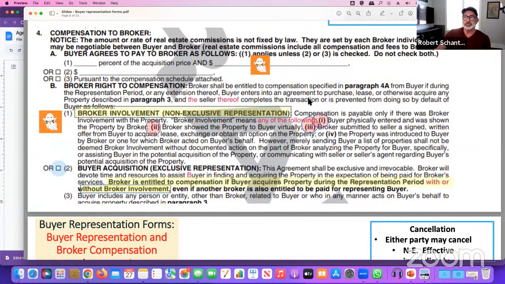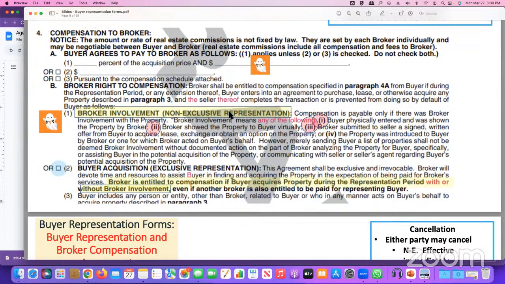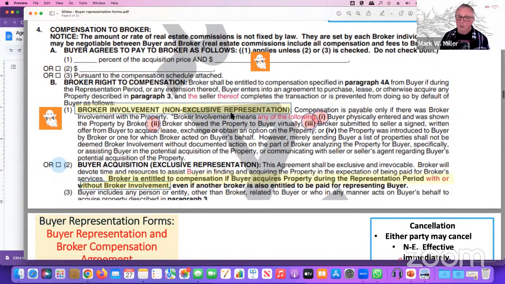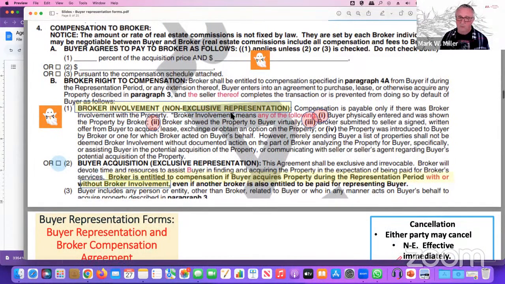Okay. So in the case that you cancel, or you have a mutual agreement to cancel a non-exclusive, they still do have to pay you for the properties that you showed them if they find interest in one of them, correct? If the buyer and the buyer's agent canceled the agreement, the buyer's agent would have to give the buyer notice of broker involved properties within 5 calendar days after that cancellation, or else the buyer's agent is out of luck.